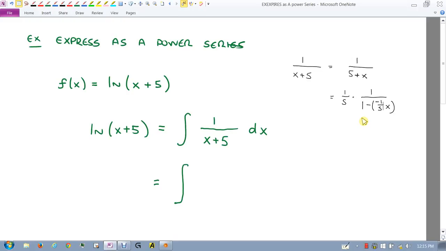And now I can rewrite this as 1/5, and then what is that as a series? Sum n equals 0 to infinity of negative 1/5 x to the n. How about I write this? That all right? Because we know we're going to have to split off the negative 1/5 to the n from the x to the n.